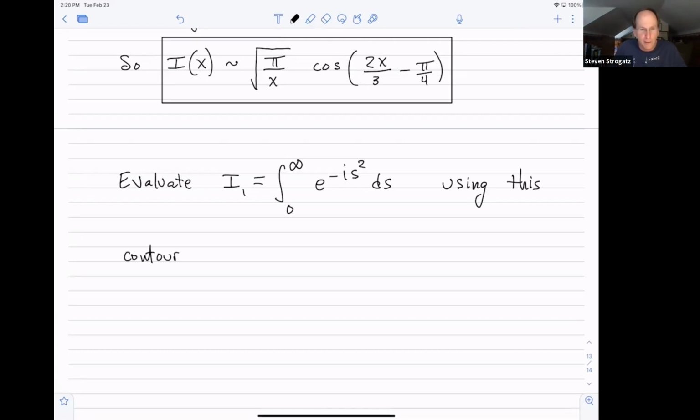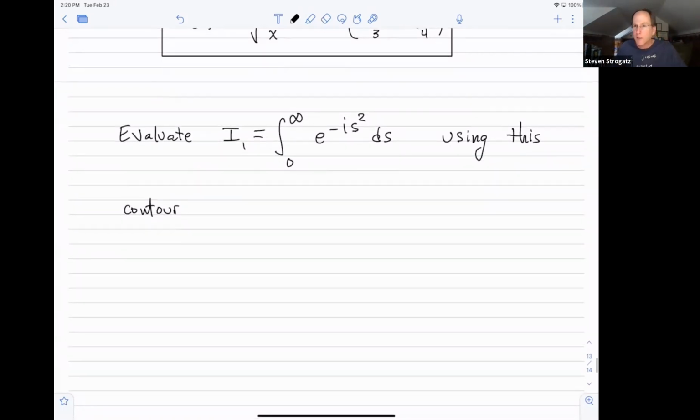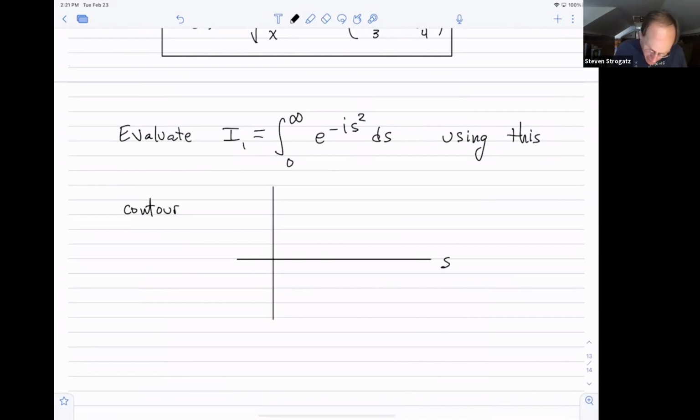Here I'm assuming you've had enough complex analysis that you know what I'm talking about. So use this contour in the s-y plane.